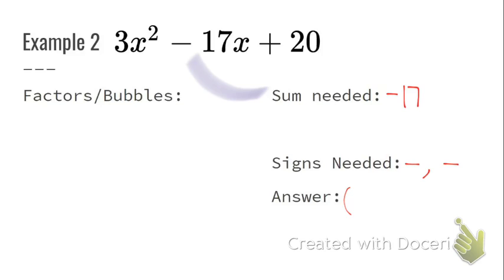So we could already start filling in part of our answer. They're both negative. We know we'll need an x in front of that. We just don't know what number might go in front of the x. Okay.